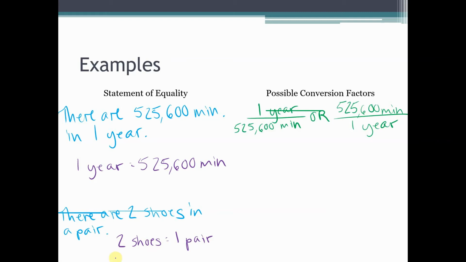So this is really showing our two equal quantities. So then if we wanted to write our different conversion factors, there are two options. We could either say 2 shoes over 1 pair, or we could just as easily say 1 pair over 2 shoes. All right, so hopefully this is making a little bit of sense.